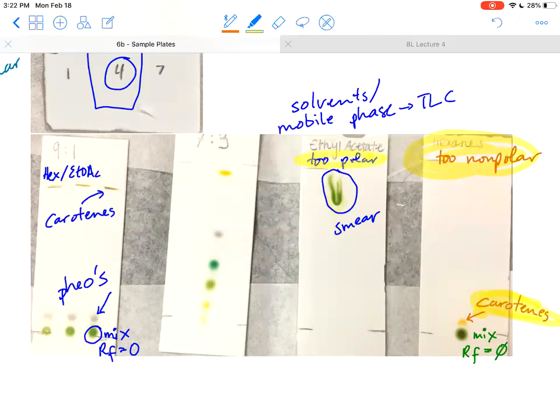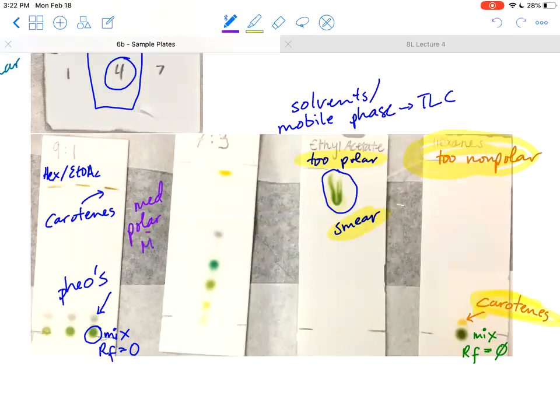The overly polar solvent pulled up everything all together, because the carotenes would be moving because they're the least polar, but the phaeophytins and the xanthophylls and all those are moving as well with this very, very polar solvent. We see here that the 9-to-1 and the 7-to-3 are like medium polarity mobile phases.